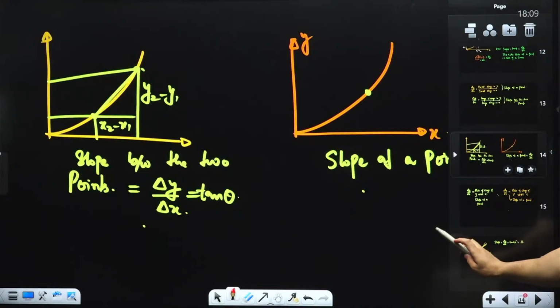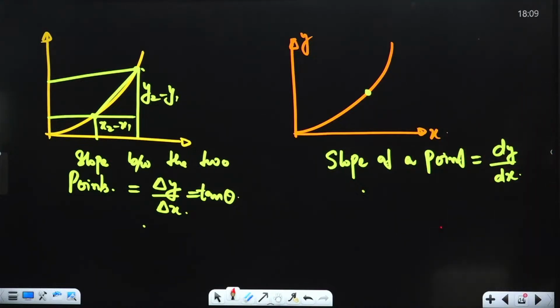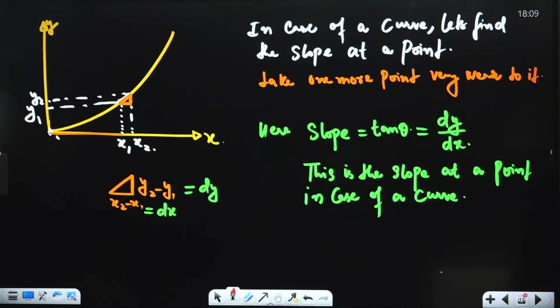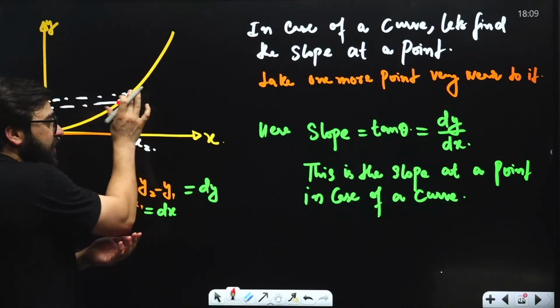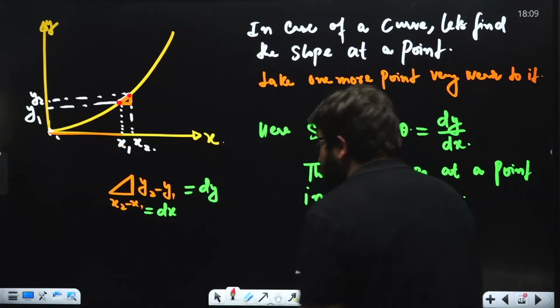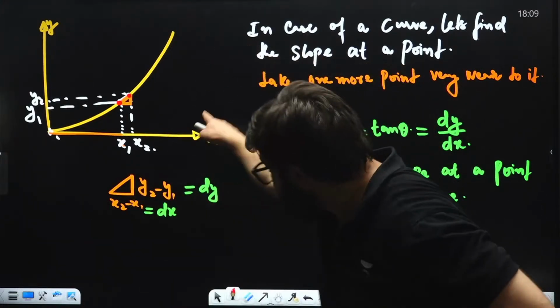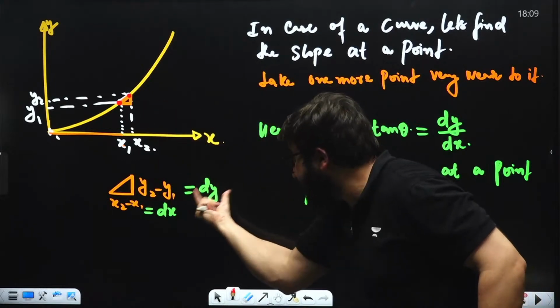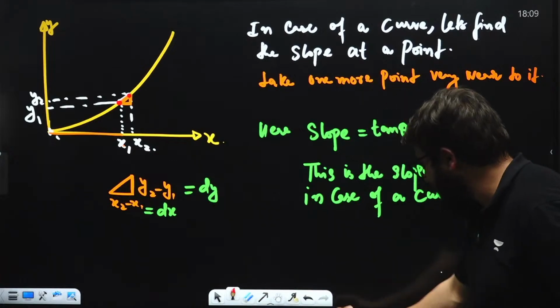I asked you, slope at a point is dy by dx. How did you get this actually? Sir, we took another small point which was very near, and then we got dy divided by dx. This procedure we did because differentiation helped us. This dy was introduced by differentiation. This dx was introduced by differentiation.